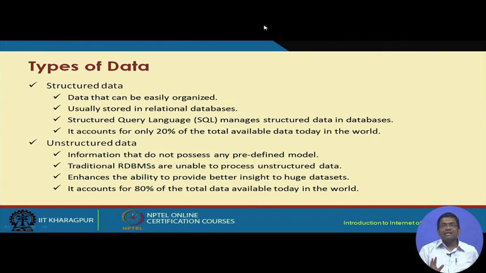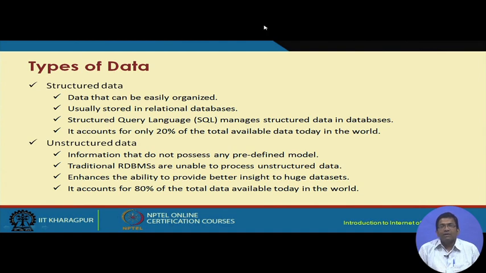As I was telling you earlier, we have broadly two categories of data: structured data, like what we have been using, the library information system, student information system, accounting information system. These are good examples of structured data. These data are easily organized, and they can be stored in relational tables.